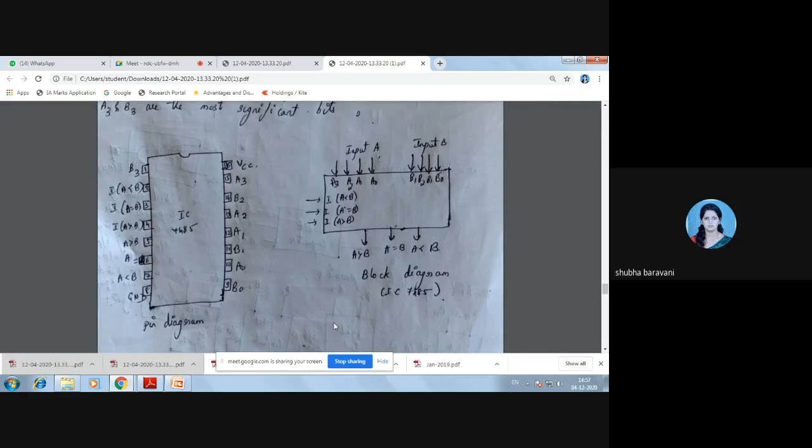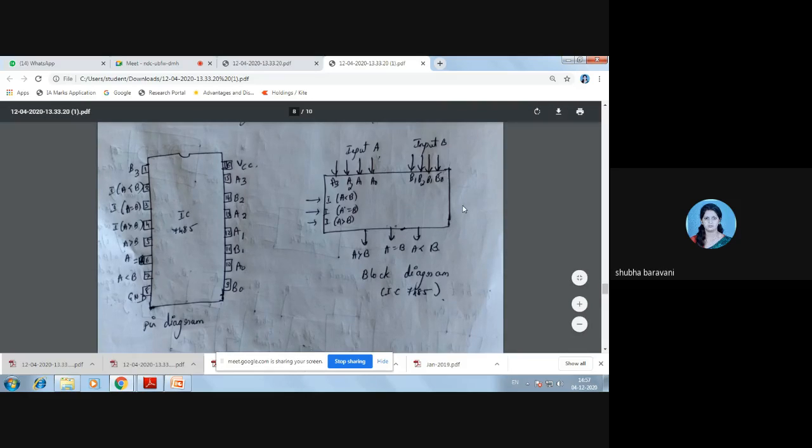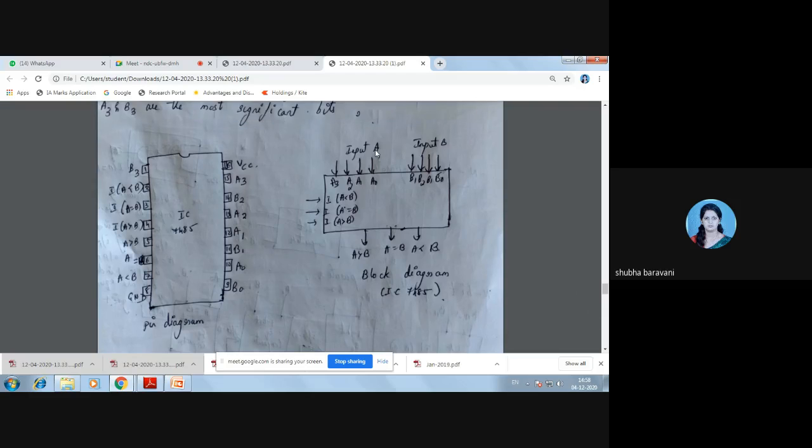This is the pin diagram and here you can see the block diagram. B0 to B3 is my input B, and A0 to A3 is my input A. I A less than B, I A equal to B, and I A greater than B act as my cascading inputs.